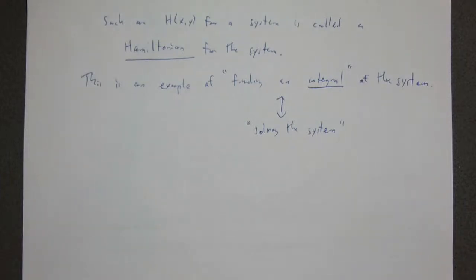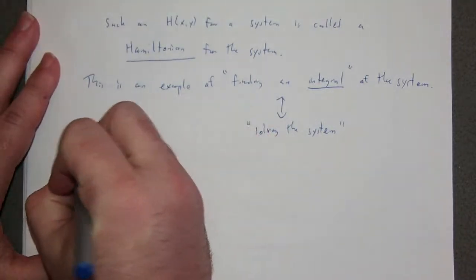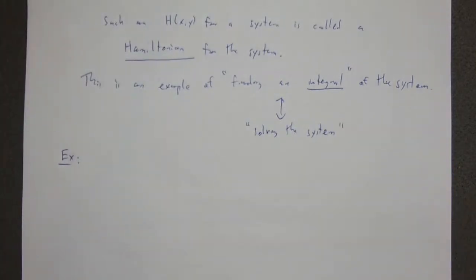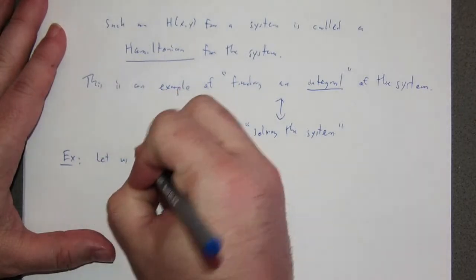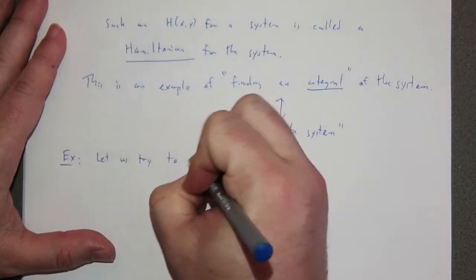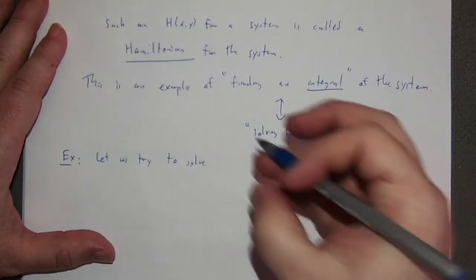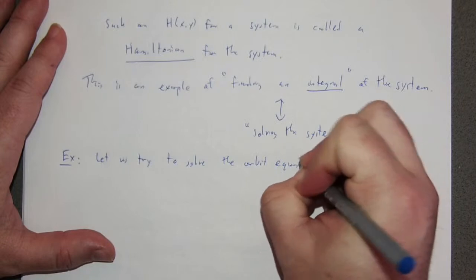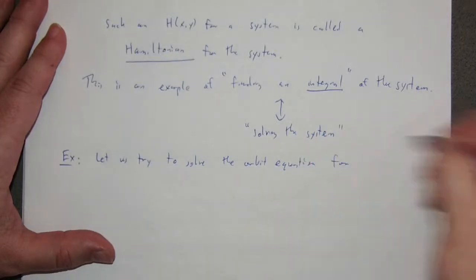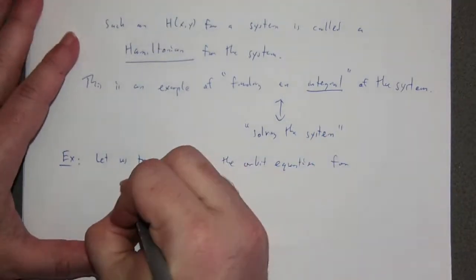So, for instance, let me maybe do a quick example of something that does not have a Hamiltonian. So let us try to solve the orbit equation for this other system we worked on yesterday.